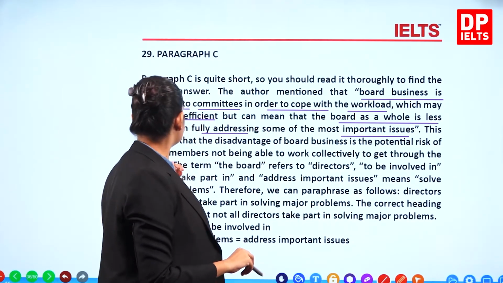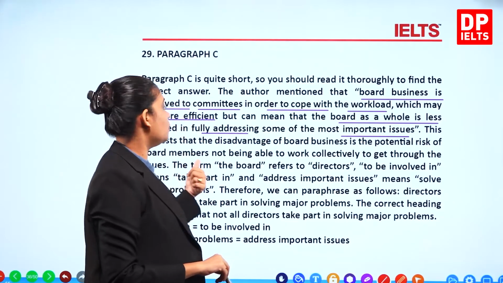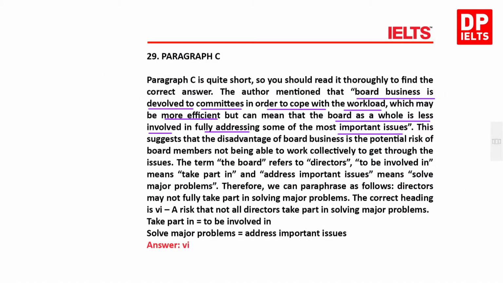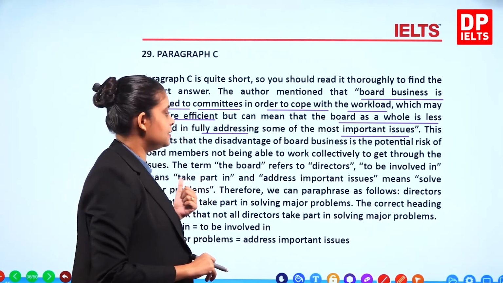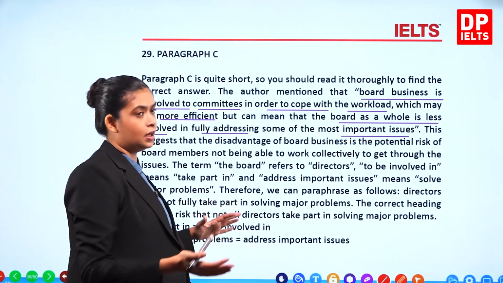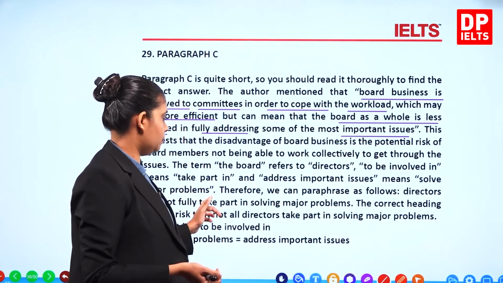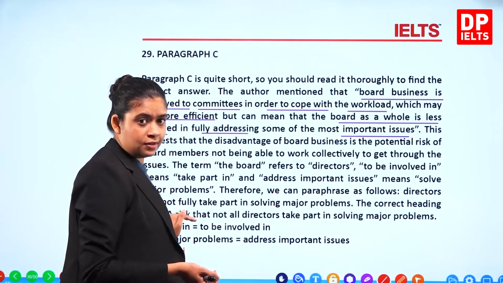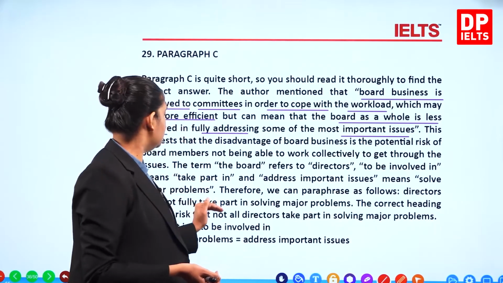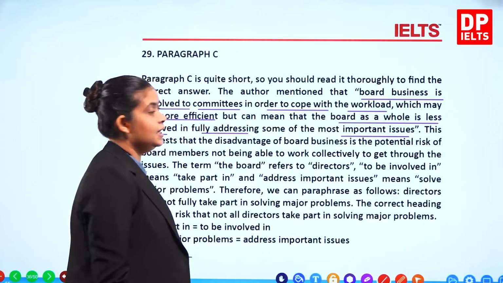So this suggests that the disadvantage of board business is the potential risk of board members not being able to work collectively to get through the issues. The term board refers to directors. To be involved in means to take part in. To address important issues means to solve major problems. Therefore, we can paraphrase as follows: the directors may not fully take part in solving major problems, and therefore the answer is going to be 6.